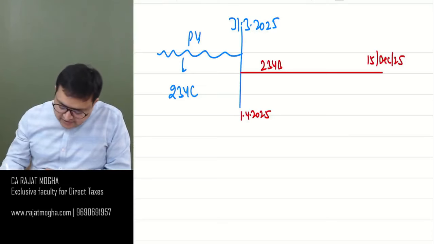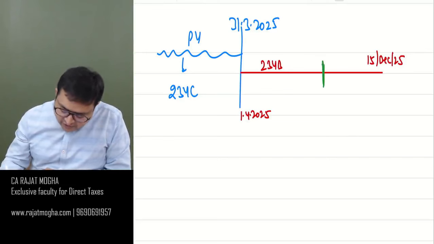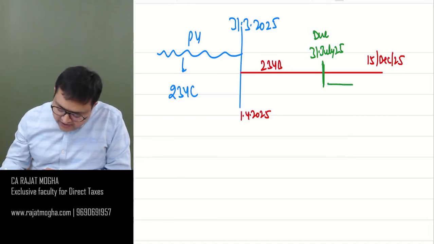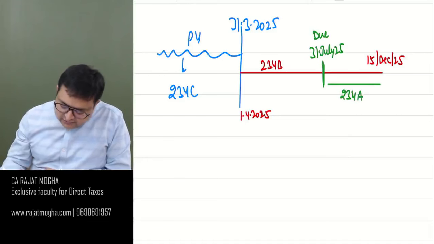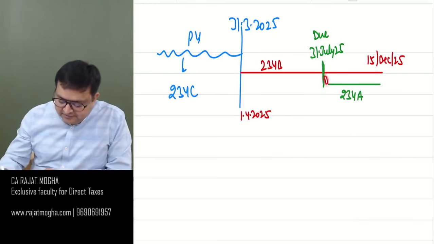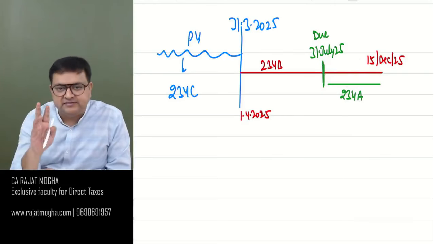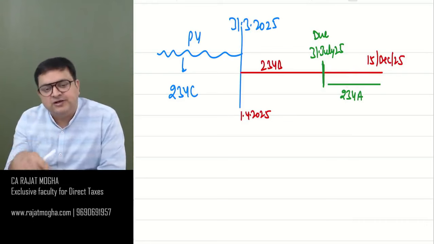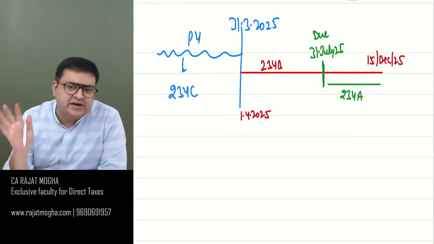But somewhere here 234A will also start. Let's say this is the due date, 31st July 25. Now 234A will also start. So there would be this period, guys, where double interest is there. 234A is also there, 234B is also there. Hardship on the assessee, let it be.